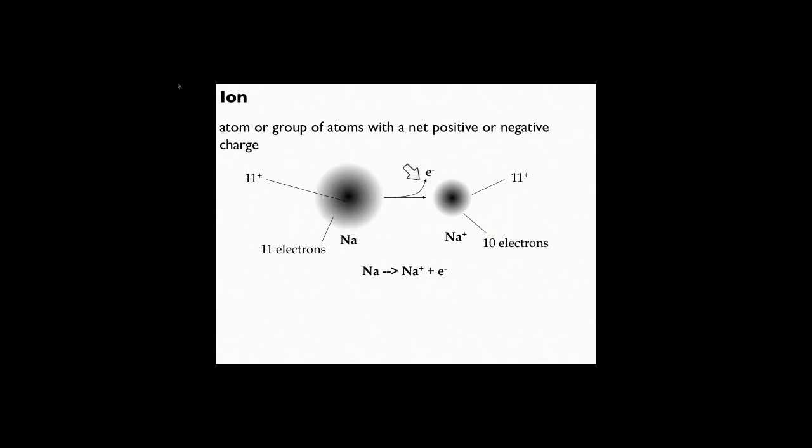If we remove 1 electron from this atom, we will have now only 10 electrons. So there's an imbalance. 11 protons, so 11 positive charges, and 10 electrons, 10 negative charges. That leaves a net positive charge on the sodium. And so the sodium has become called a sodium ion, a positively charged ion. We can also represent that in this equation showing sodium going to sodium plus an electron, and this is the electron that was removed from this sodium metal.